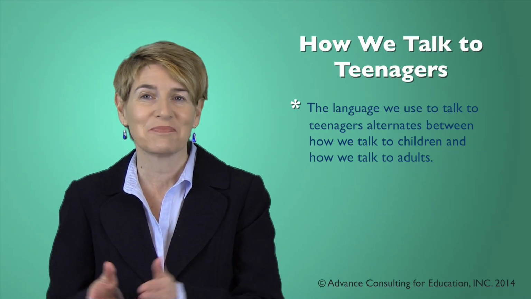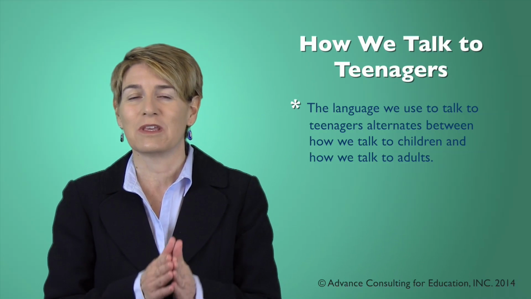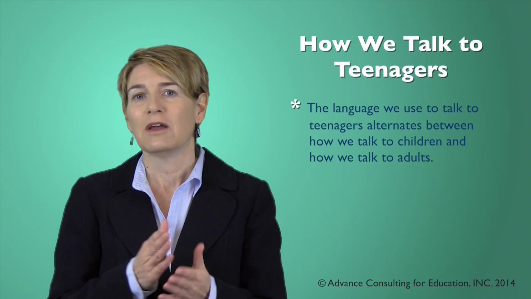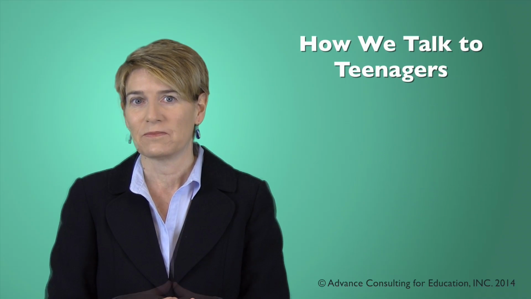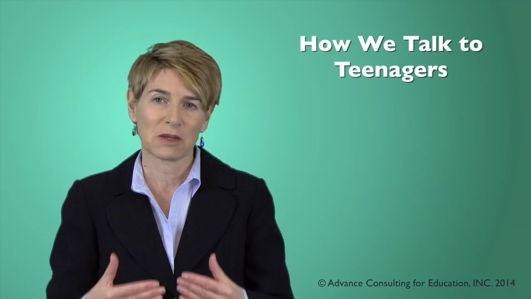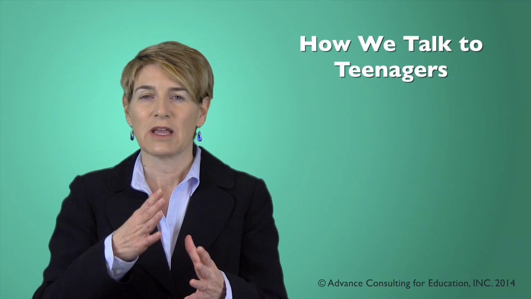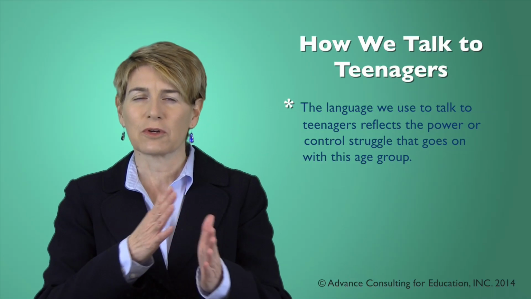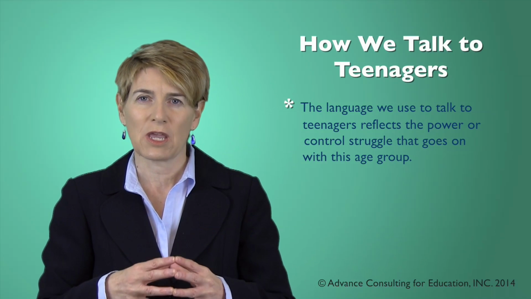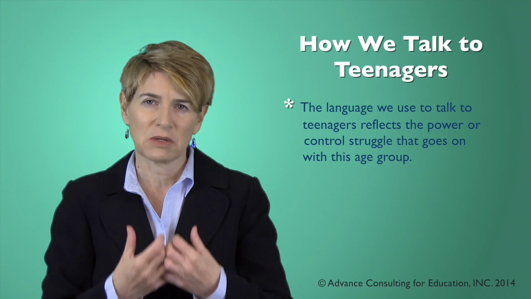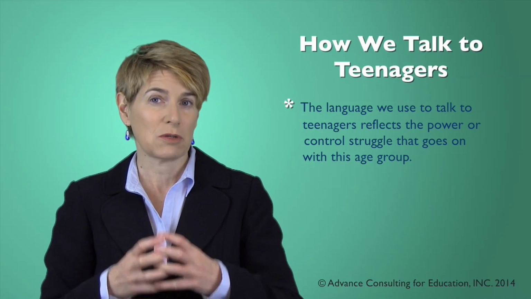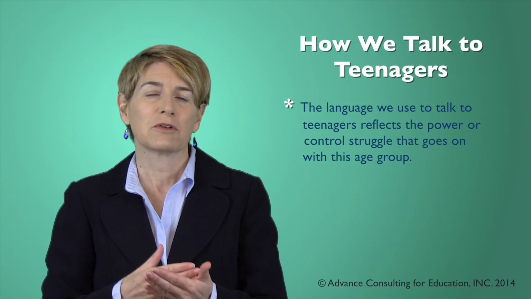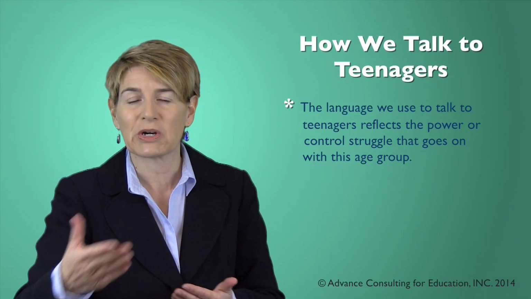When they do something stupid, we talk to them as if they're children, and when they do something that shows they're mature and have a lot of independence and are really thinking, we talk to them as if they're adults. One thing you might notice about the language we use to talk to teenagers is that it reflects the ongoing power struggle or control struggle that goes on with this age group, because they're trying to get independence and establish themselves as unique individuals, separate from their parents and families, but also they're trying to say, I am also part of this family.